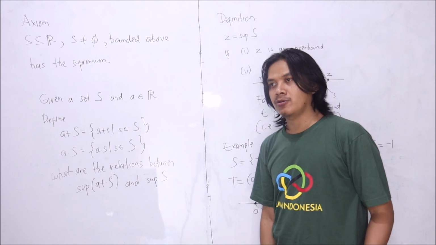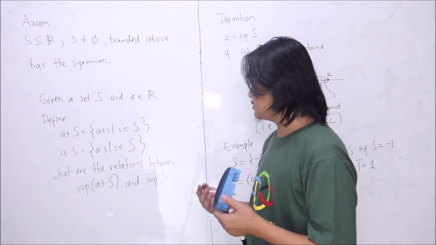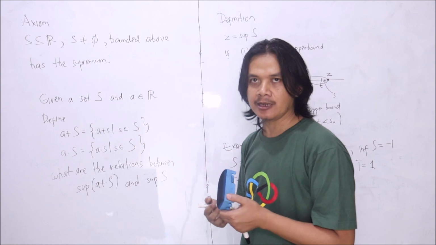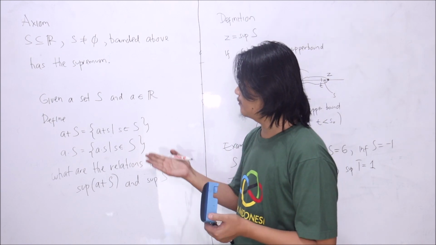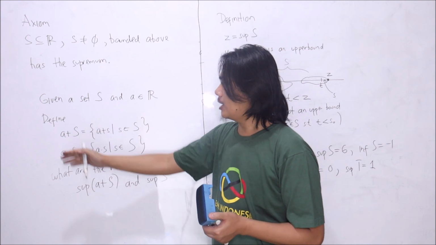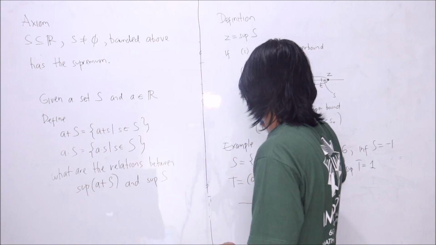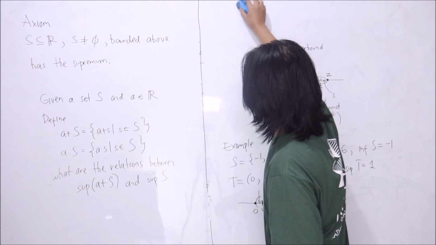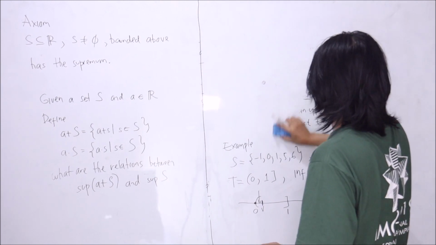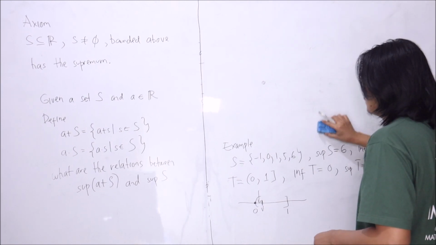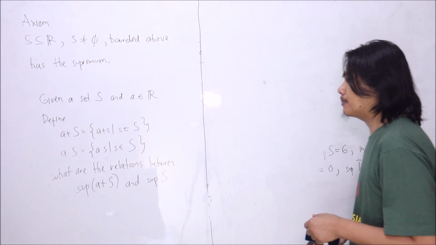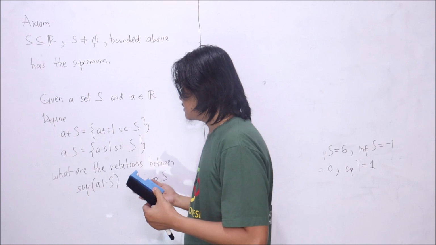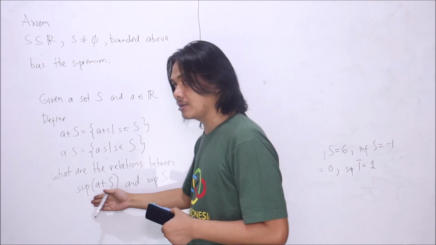Okay. In order to realistically come up with a certain relation, we need to study some toy model of S and with a certain A. So just play around with several examples, and after we play around with those examples, then we can probably come up with a certain statement that relates these two numbers.